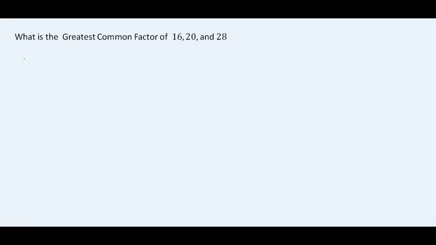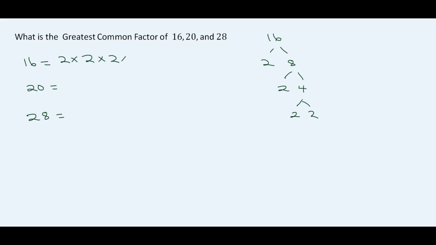So we have 16, 20, and then we have 28. For 16 we have 2 times 8, then 8 is 2 times 4, 4 is 2 times 2. So 16 is 2 multiplied by 2, multiplied by 2, multiplied by 2. Let's look at 20.